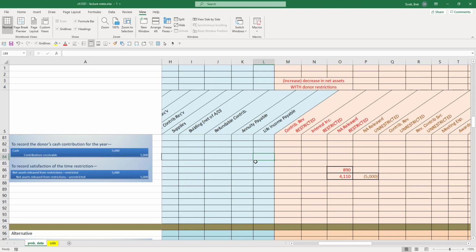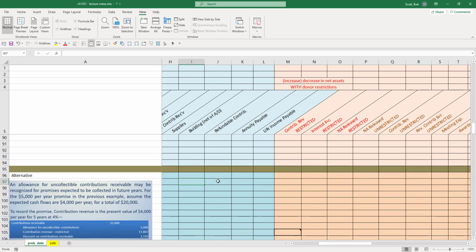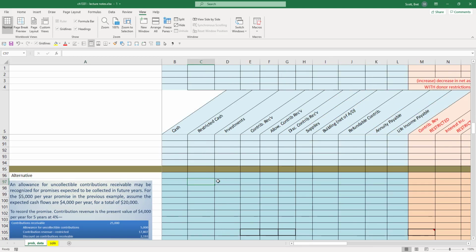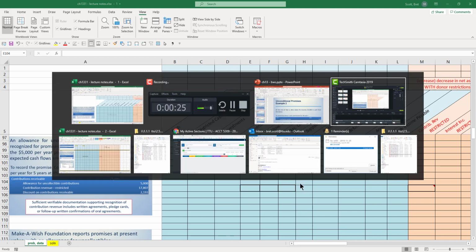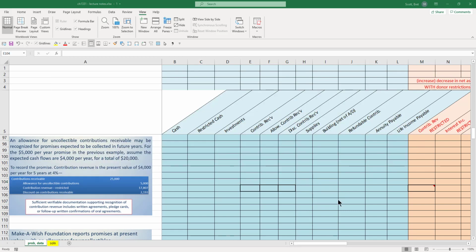As an alternative perspective, right? We always got to look at the alternative perspective. Assume that somebody promised us $5,000 per year. But we say, more like $4,000 when you look at the overall credit worthiness of the person, right? We will still go ahead and acknowledge that there is $25,000 worth of promise.